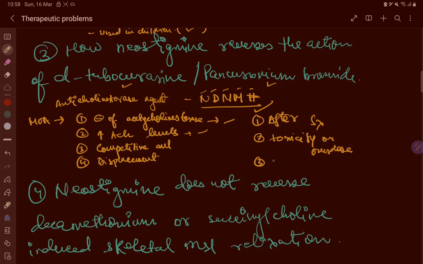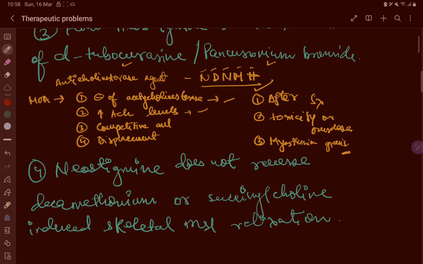The third is in some conditions like myasthenia gravis. In myasthenia gravis, where the neuromuscular transmission is impaired, there you can use it, right?